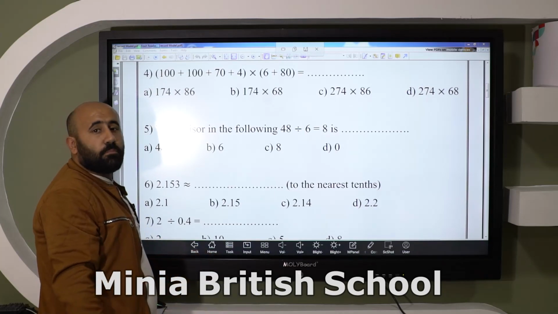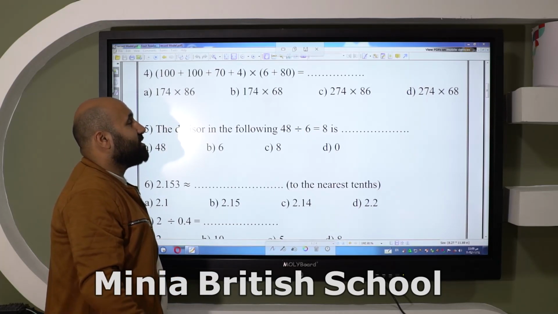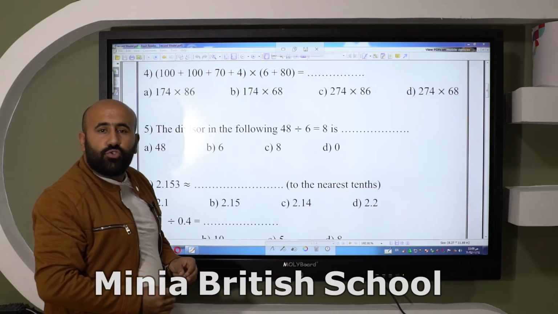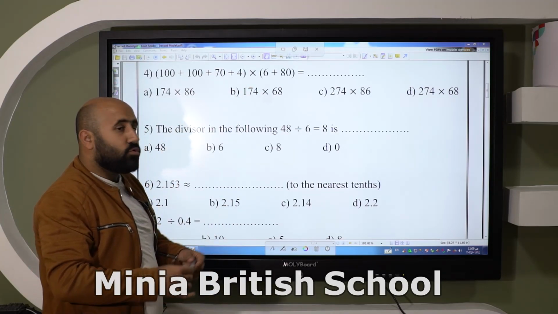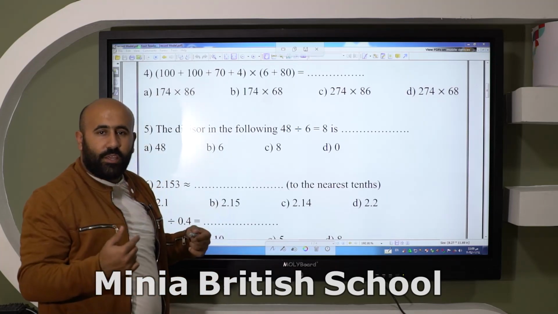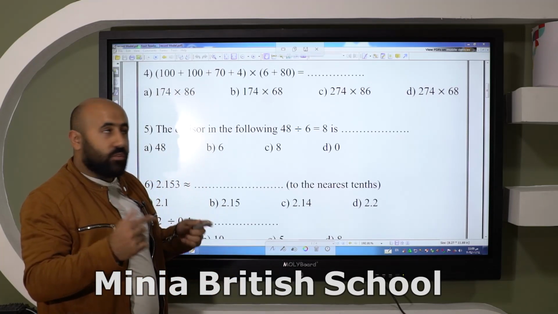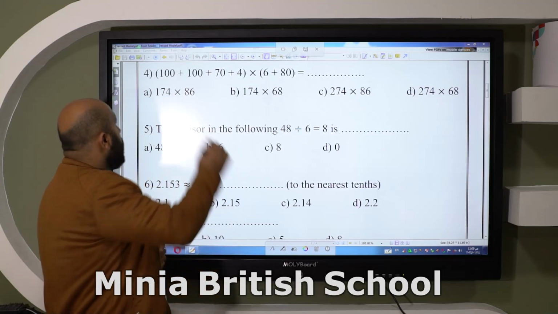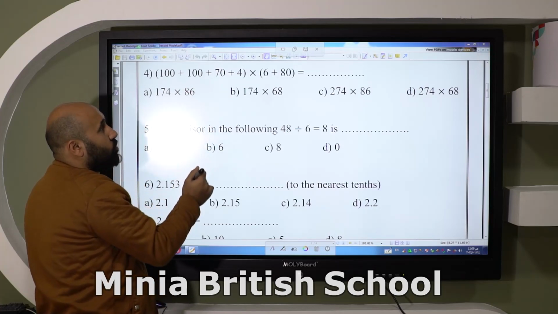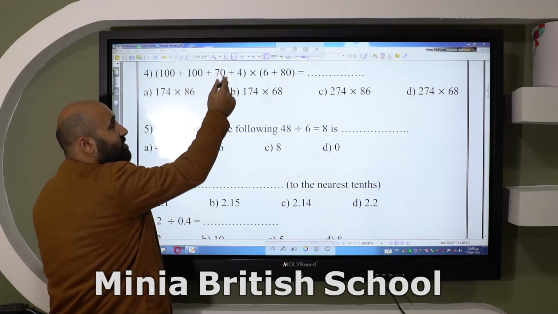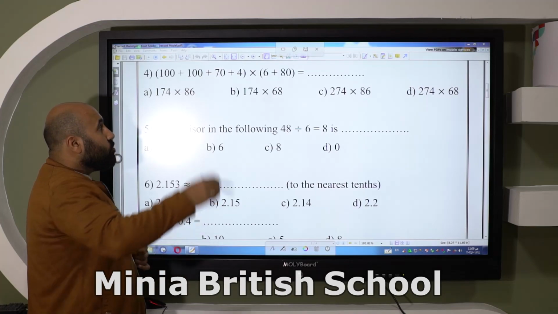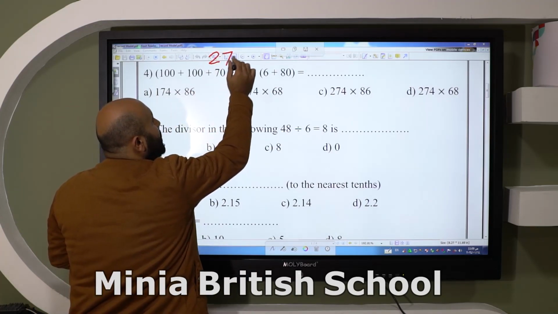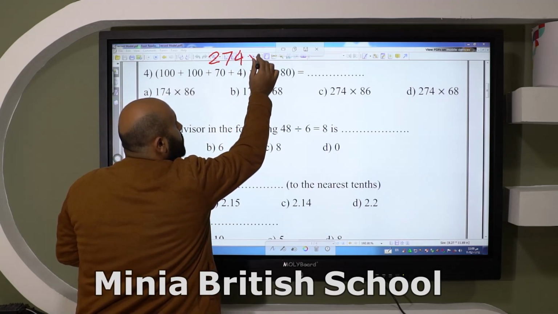100 plus 100 plus 70 plus 4 times 6 plus 80. He gave me the form of distribution property and I want to make it back to its original form. So it's simple, a simple addition. 100 plus 100 equal 200. 200 plus 70 equal 270. 270 plus 4 equal 274 times.